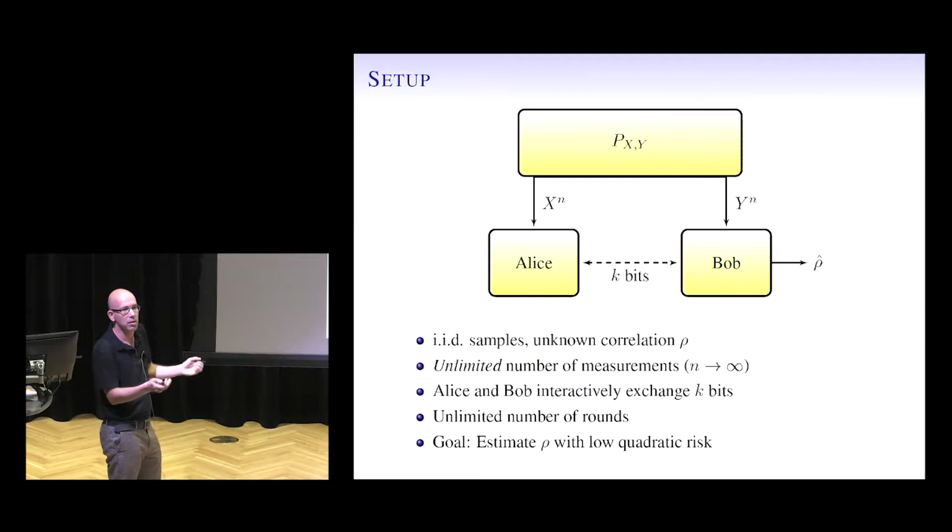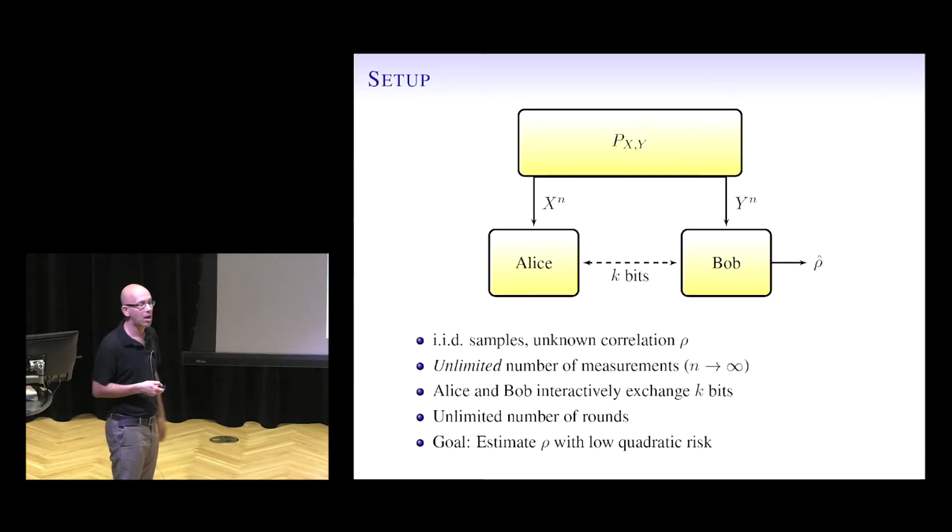So it's not interesting when they're co-located, but once you separate them, they need to communicate, and we're assuming that they can, specifically that they can interactively exchange k bits, so they could go back and forth in an unlimited number of rounds. And the question is basically, how well can they estimate the correlation given that k is fixed and n is arbitrarily large? So their goal is to estimate rho.